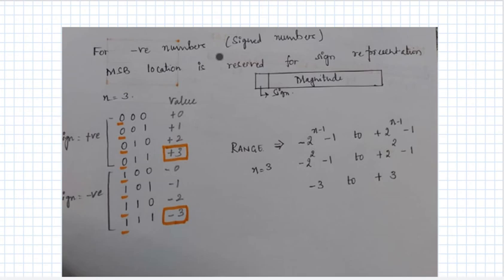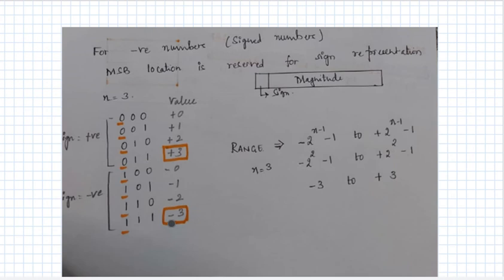Basically, to represent a negative number, we have three representations: sign and magnitude, one's complement, and two's complement. We'll understand all three and then come to a conclusion about which type is used in computer systems to store the data. Here, in sign and magnitude, the range, if you observe, is from -3 to +3.